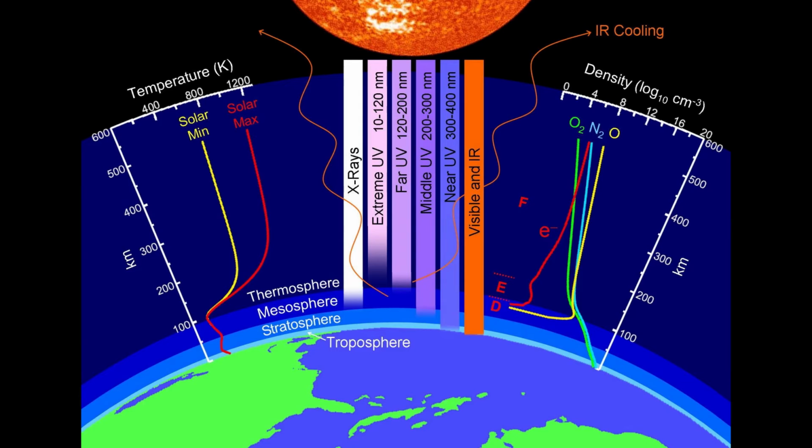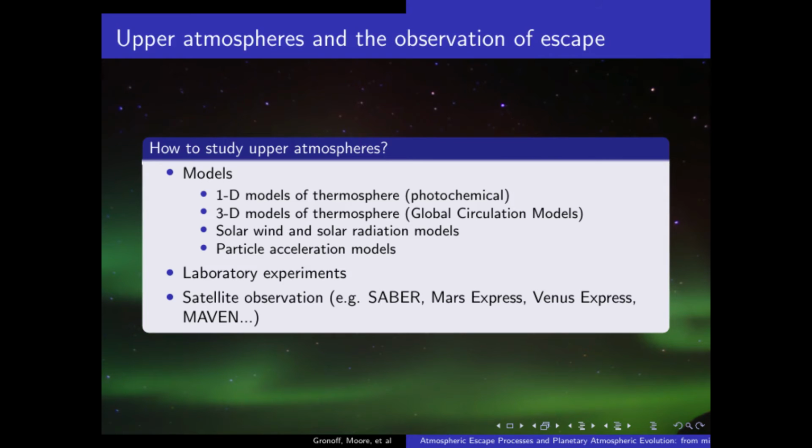You can see that the temperature at the exobase above 500 km can really change from 500, 600 Kelvin to more than 1200 Kelvin. And that really affects the escape processes. So how to study the upper atmosphere?